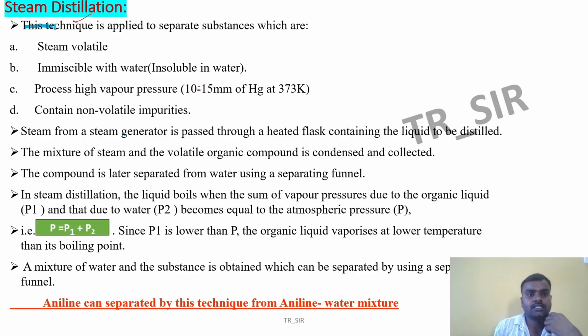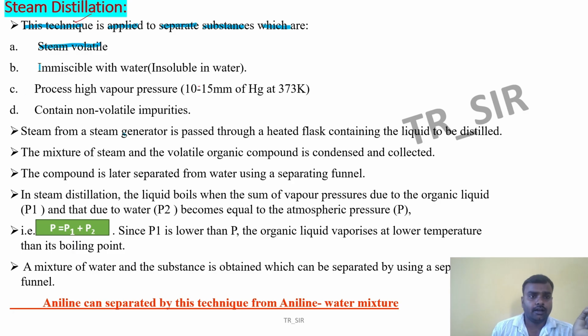This technique is applied to separate substances which are steam volatile. What is meant by steam volatile? By giving steam to the liquid, it starts vaporizing along with the steam itself, not just by temperature. Steam is a kind of high temperature vapor.